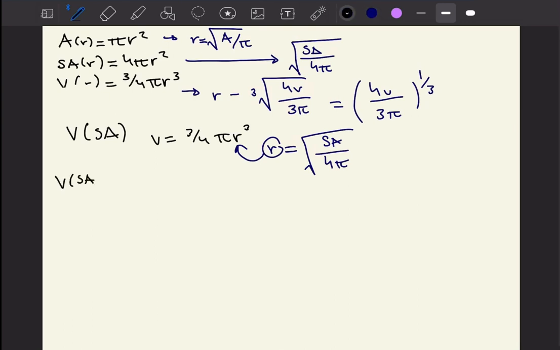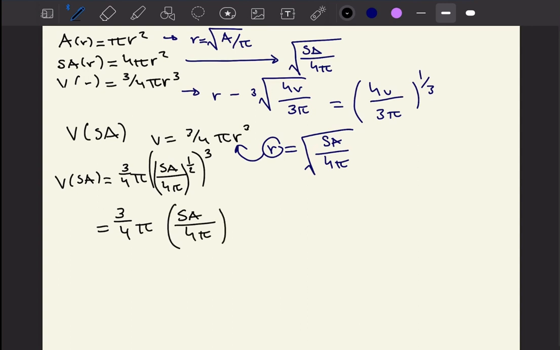Volume in terms of surface area is equal to 3 over 4 pi times surface area over 4 pi to the power 1/2. That's the same thing as the square root. So our final answer would be 3 over 4 pi times surface area over 4 pi to the power of 3 over 2. We can't really simplify this anymore. And that's our final formula.